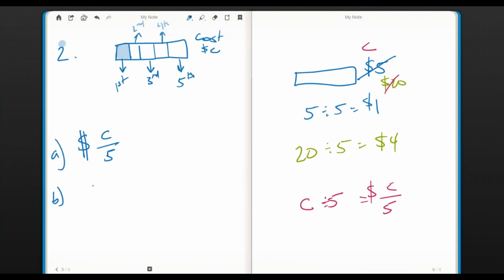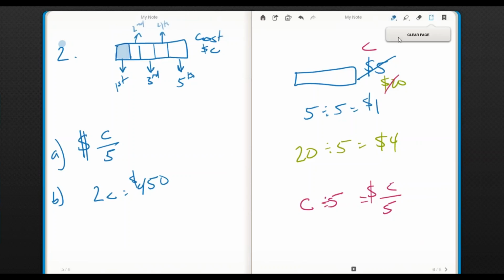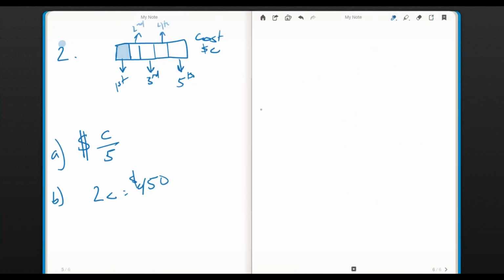Part B says that 2C is equal to $450. This is a great time to introduce to you and to your students the idea of talking about values of things. We know that an equation means things are equal. I like to think about the idea of things being balanced.